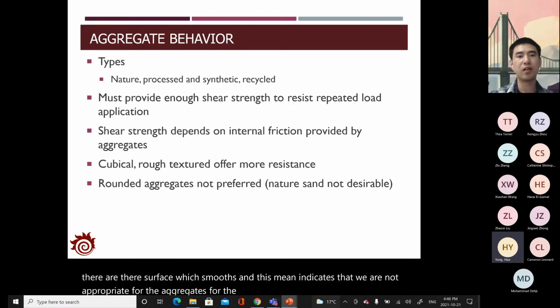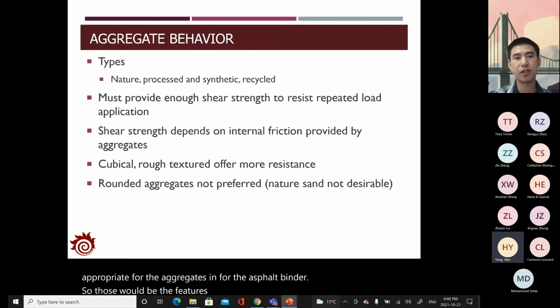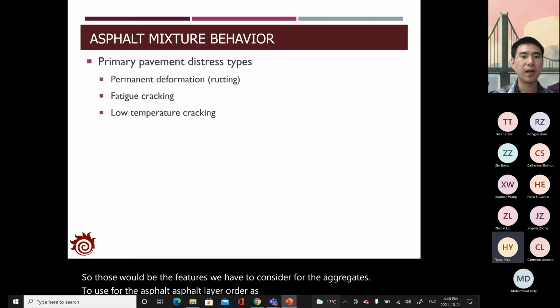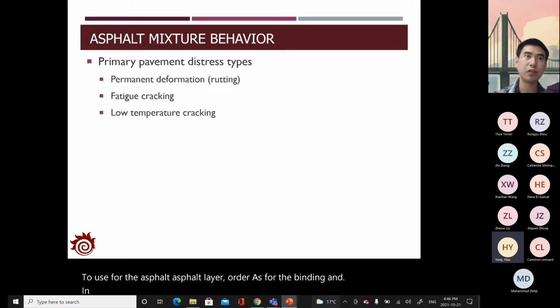So those would be the features we have to consider for the aggregates to use for the asphalt layer. And in the design of the asphalt binder, we're going to mix the pure asphalt with the aggregates.